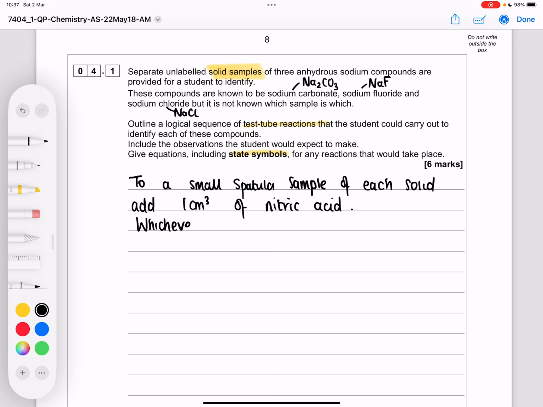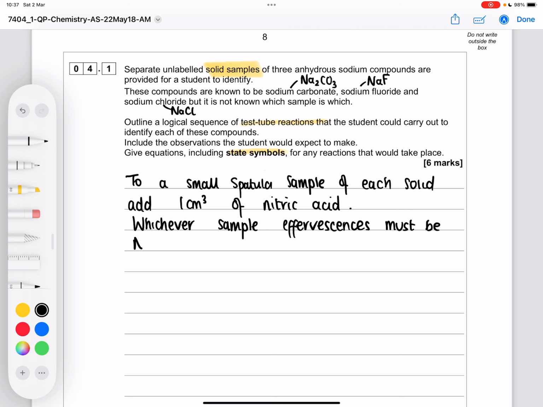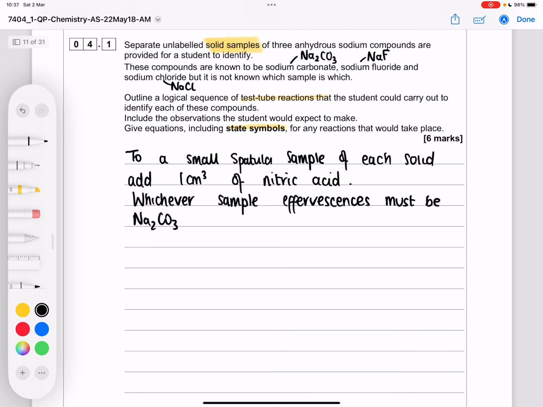Whichever sample effervesces, so that's fizzes, must be sodium carbonate, because carbonate ions react with the acid. So now we could either write an equation where we had the carbonate ions reacting with nitric acid. Acid plus carbonate makes salt, sodium nitrate, plus water, plus carbon dioxide.